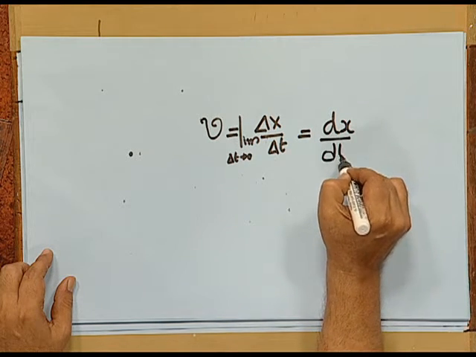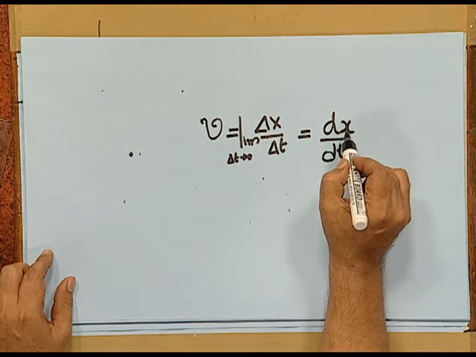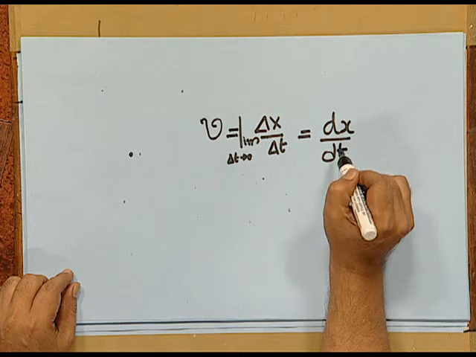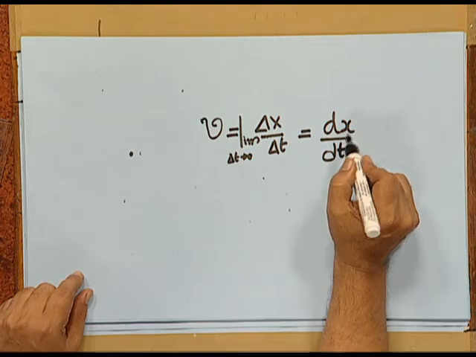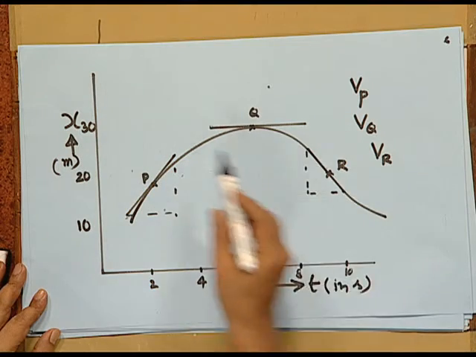They mean the time variation of position, that is rate of change of x with respect to t, which they write as differential of x with respect to time. So, velocity is nothing but rate of change of position with respect to time. This is instantaneous velocity.